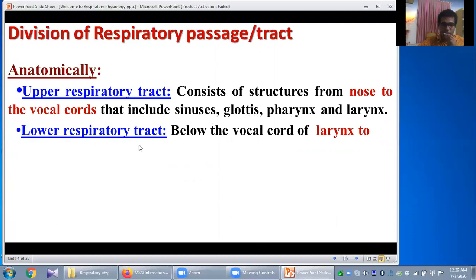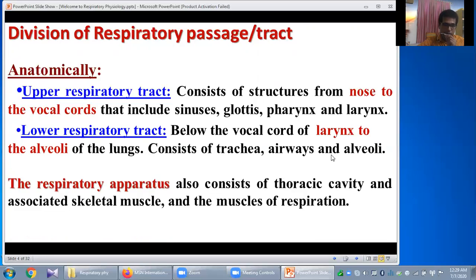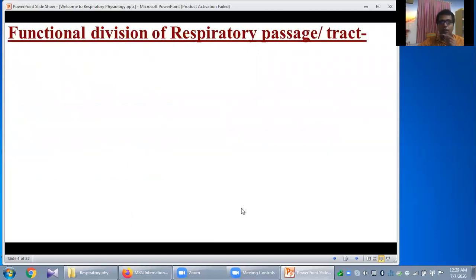And the lower respiratory tract, that is below the vocal cord of the larynx to the alveoli of the lungs, also consists of trachea, airway, and the alveoli. The respiratory apparatus also consists of the thoracic cavity, the associated skeletal muscles, and the muscles of respiration.